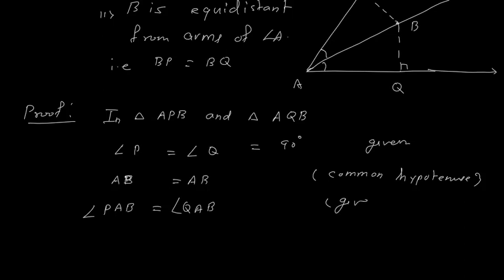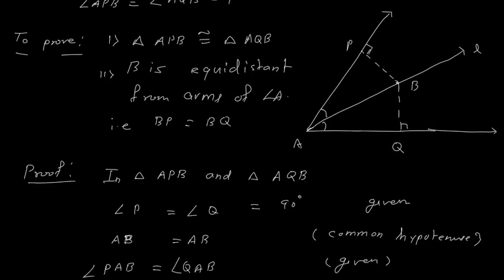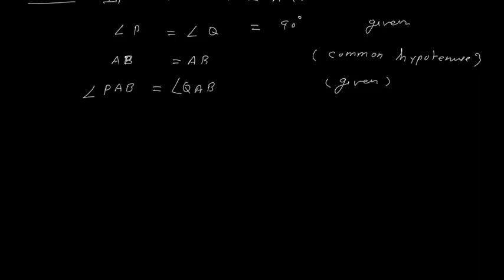Now first I thought maybe RHS criteria will be applicable, but here angle side criteria is applicable. So therefore triangle APB is congruent to triangle AQB, and the reason is angle side criteria.